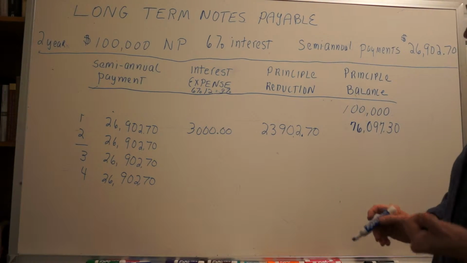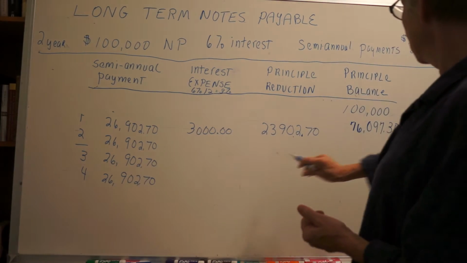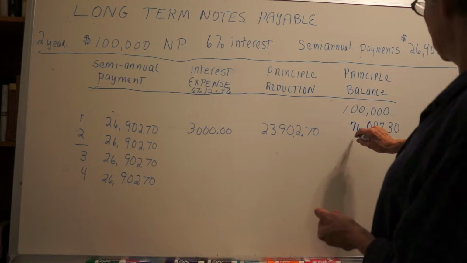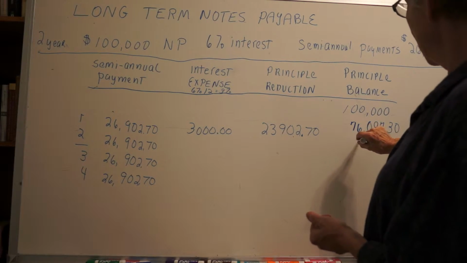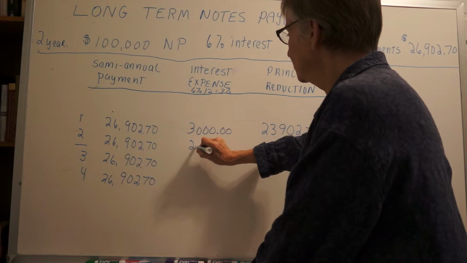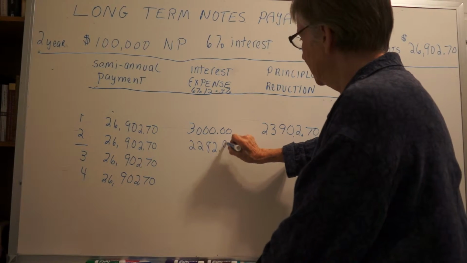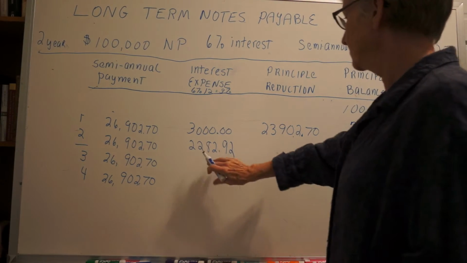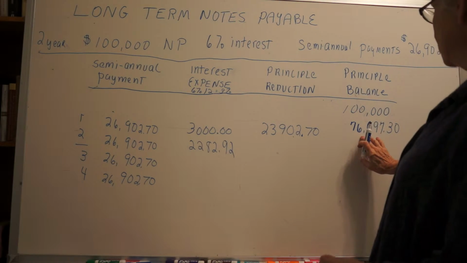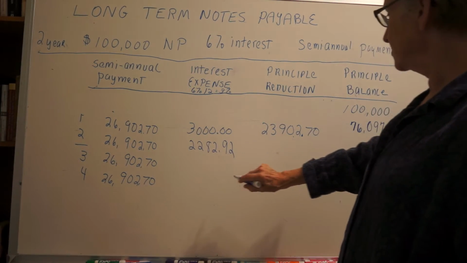Okay, so let's do the next one. We have to figure out how much of this second payment is interest. Our new balance is $76,097.30, so we do that times 3%, and so we get $2,282.92 as interest, and that's the principal balance of $76,097 times the 3% interest for half a year.